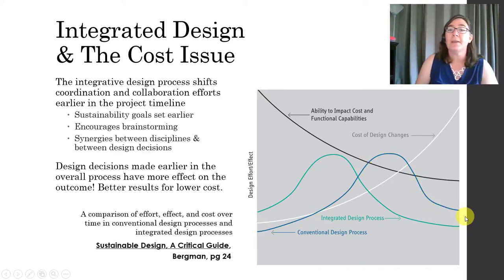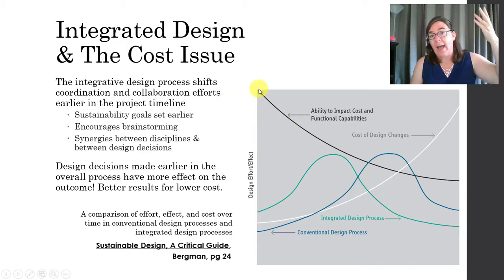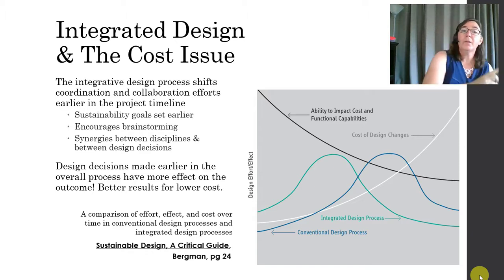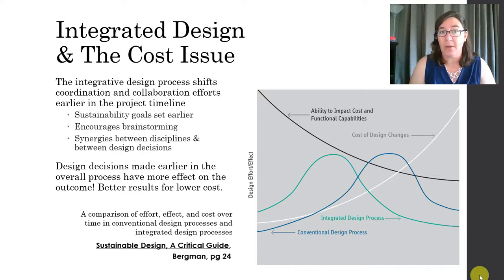All right. Now, take a look at the black and the white lines. The black line says ability to impact cost and functional capabilities. And what that means, you can see it's high in the beginning of the project and low at the end. All right. What that means is the decisions that you make earlier in the overall process have more effect on the outcome. Now take a look at the white line. It says cost of design changes.